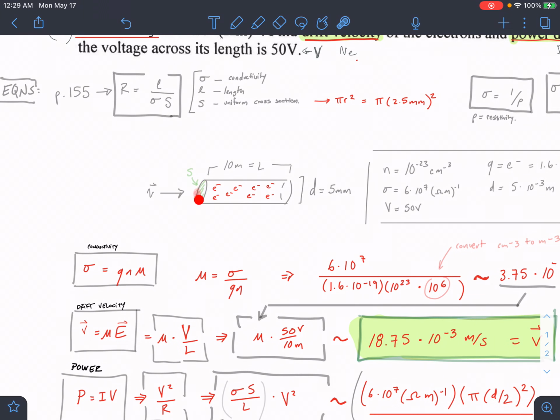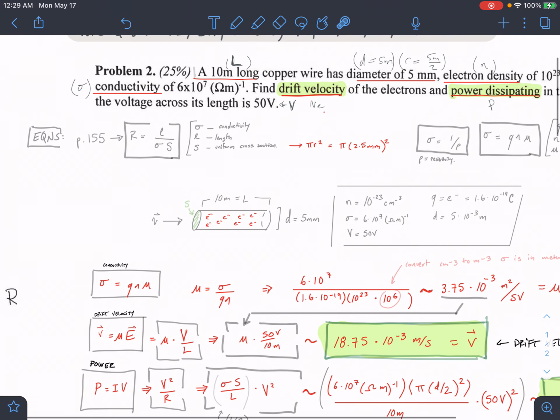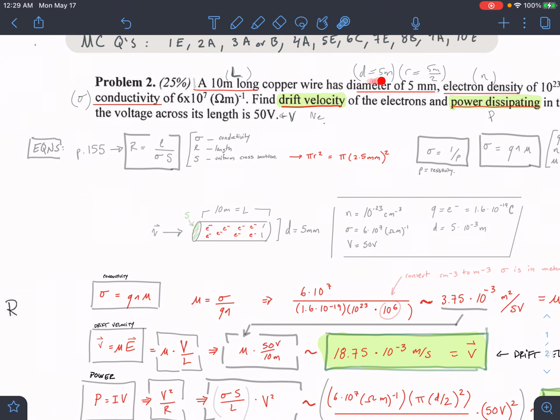Essentially our uniform cross-section, if we have a wire, is basically like a circle, right? Because we cut into that wire, we got our electrons moving in there. So for our uniform cross-section, it's going to be pi r squared for that surface area. And that's going to be pi times 2.5 millimeters squared. So we were given the diameter, so the diameter divided by 2, okay? That's going to give us our uniform cross-section.